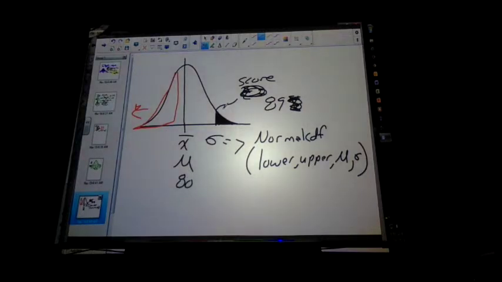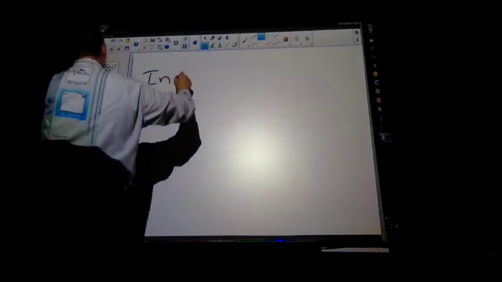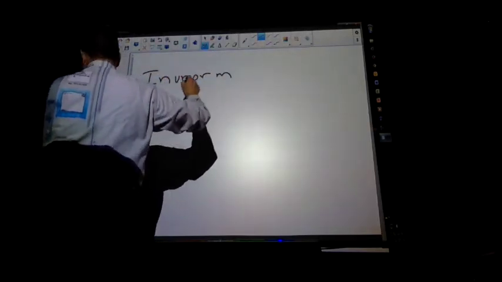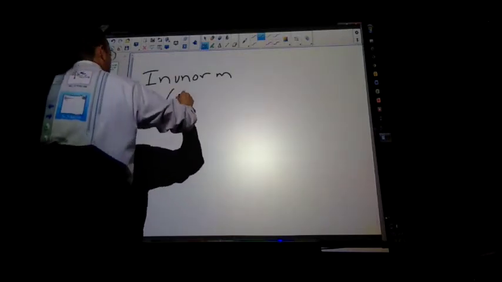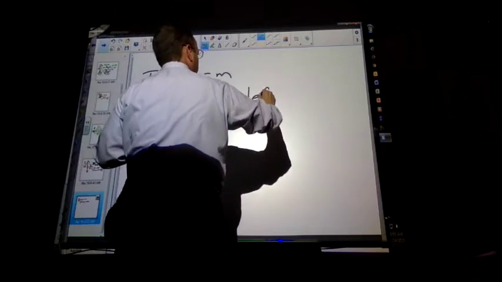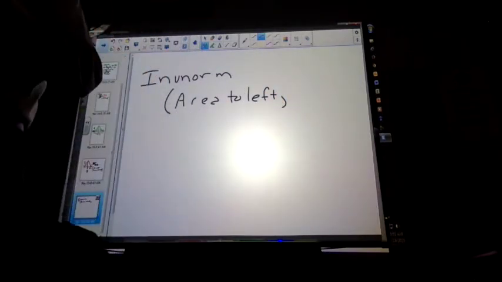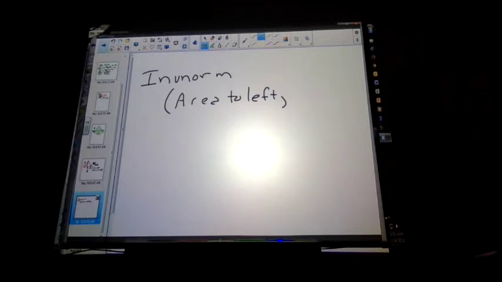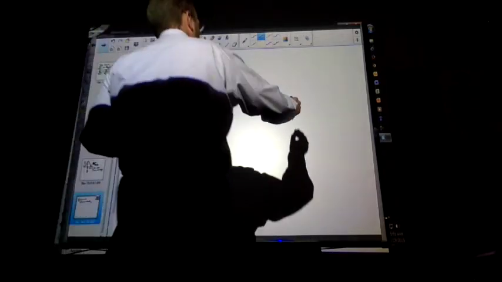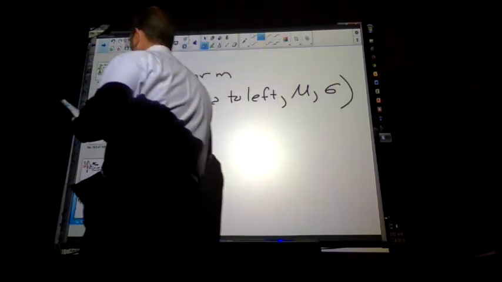All right, the last one we're going to show is using this key. And this is area to the left. So that means that the z-score was already given, used in table A. Then you're going to take your mean and your standard deviation.